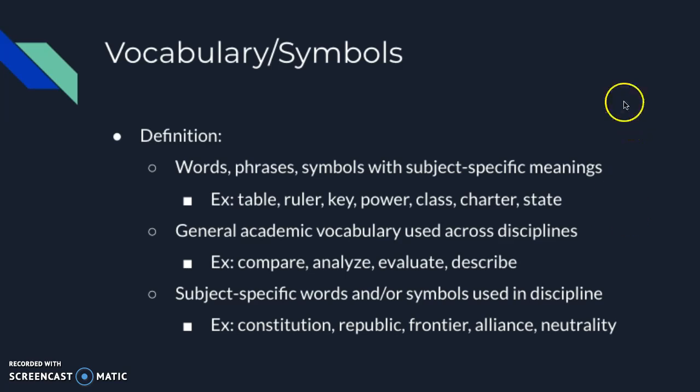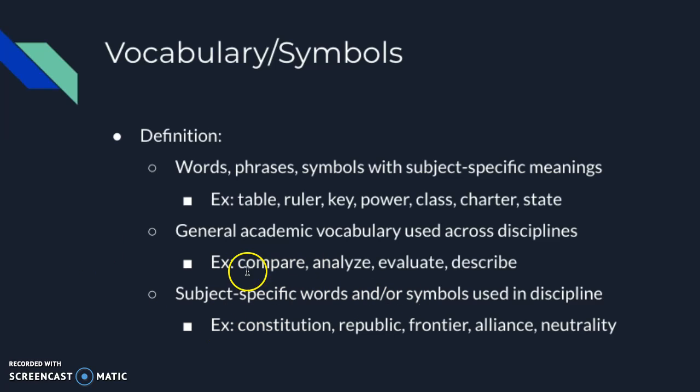So, for example, obviously, a ruler in everyday language would be used to measure something. However, in a history class, it would have to do with someone who's a ruler of an ancient kingdom, for example. And also there's general academic vocabulary that is used across disciplines.